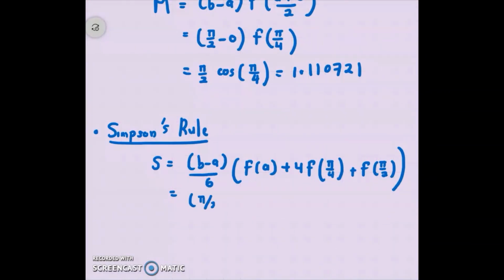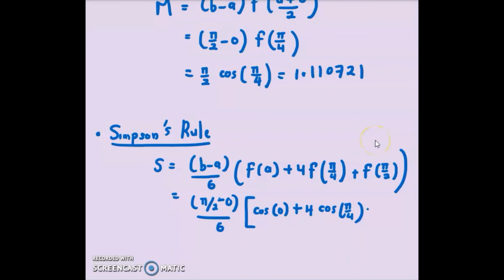So we have pi over 2 minus 0 over 6, times cos 0 plus 4 cos pi over 4 plus cos pi over 2. Now cos pi over 2 is 0.